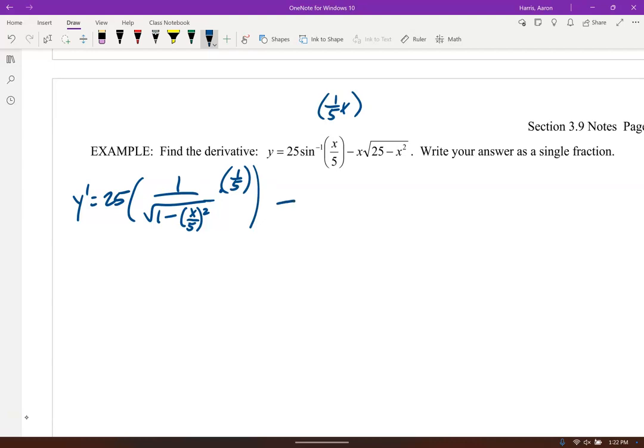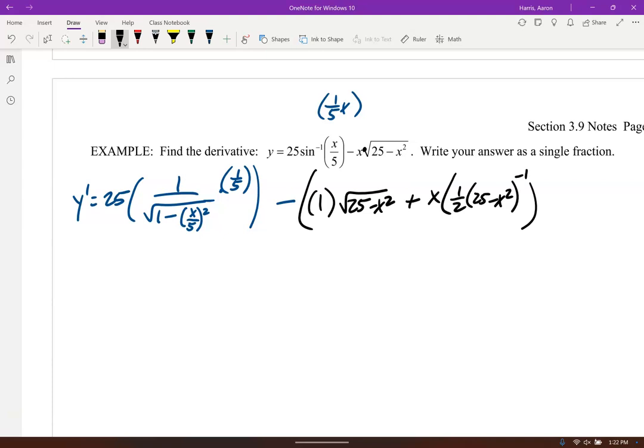Minus, now I'm going to do the product rule over here, right? This is a product, x times that. So derivative of the first, which is 1, times the second, plus the first times the derivative of the second. Well, that's 25 minus x squared to the 1/2. So I got to do 1/2 times 25 minus x squared to the negative 1/2, and then times the derivative of the inside, which is negative 2x.